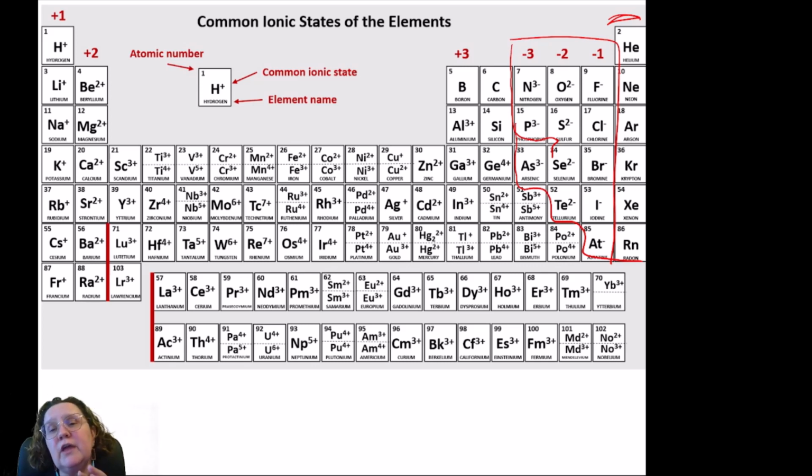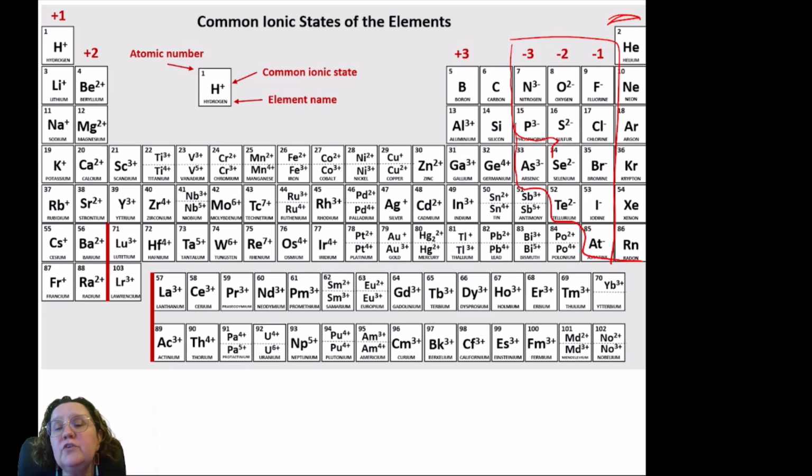And you've got the elements in the top right hand corner of the periodic table, nitrogen, oxygen, fluorine, the non-metals, and they form anions. Typically, the group of the halogens, fluorine, chlorine, bromine, iodine and astatine, form a -1 ion.